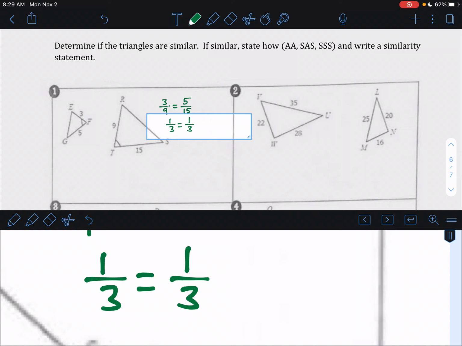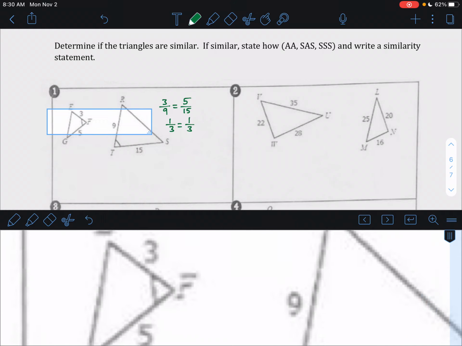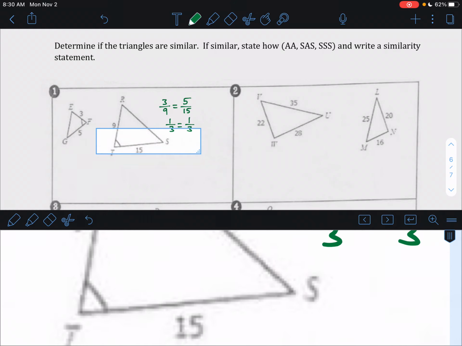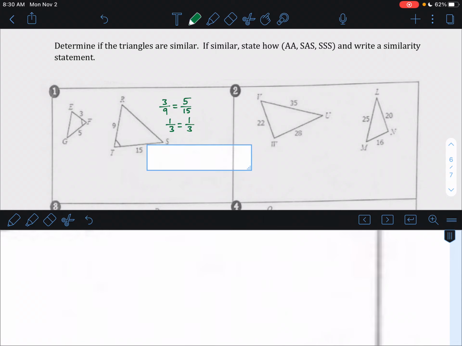Therefore, since 1/3 equals 1/3, we are able to say that those 2 side lengths are proportional, and since the angle between the side lengths on both triangles is congruent, then these are similar by SAS.